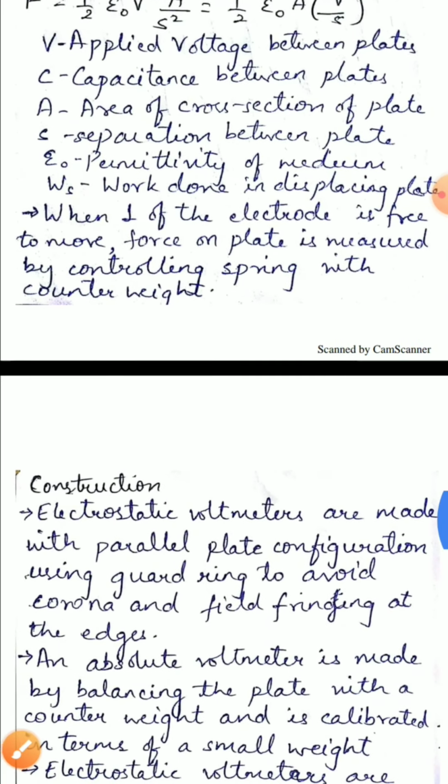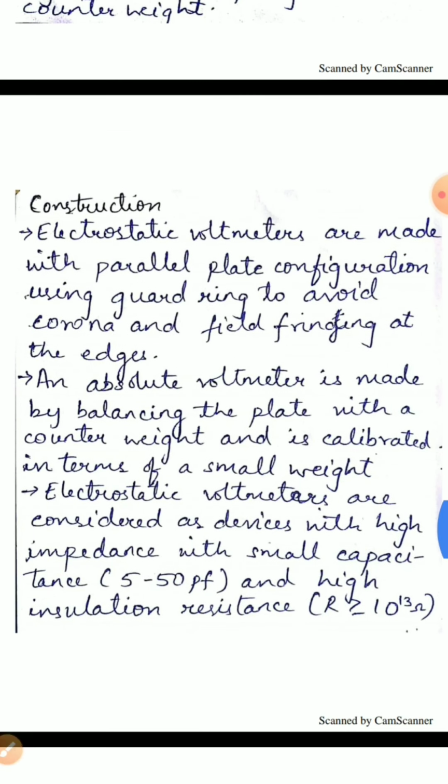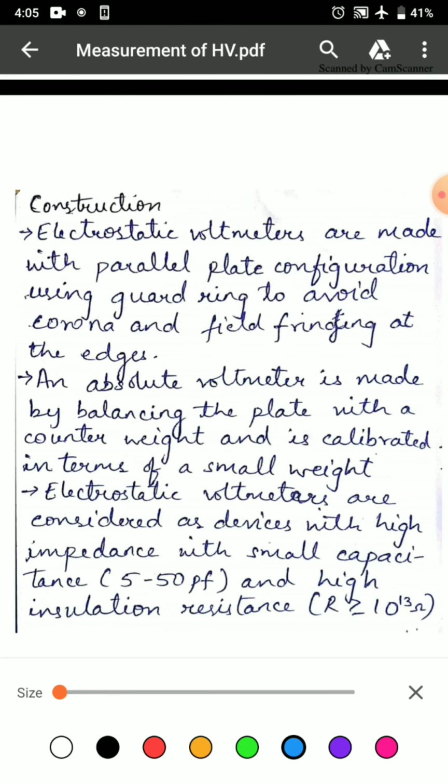The construction of electrostatic voltmeters. Electrostatic voltmeters are made with parallel plate configuration using a guard ring to avoid corona and field fringing at the edges. An absolute voltmeter is made by balancing the plate with a counterweight and is calibrated in terms of small weight.